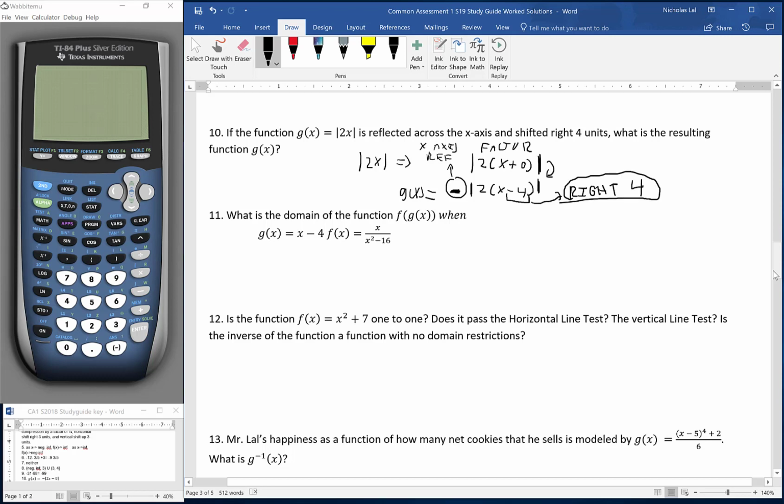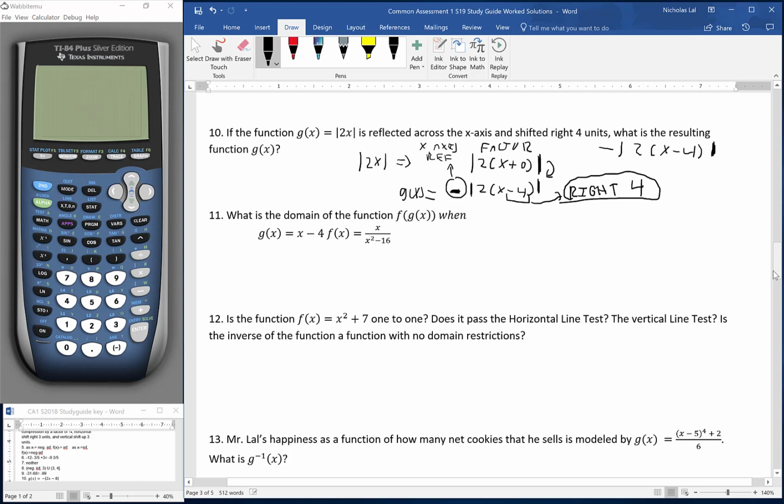That's why your new function is going to be negative times the absolute value of 2 times x minus 4.